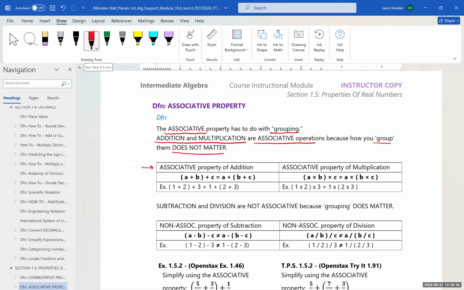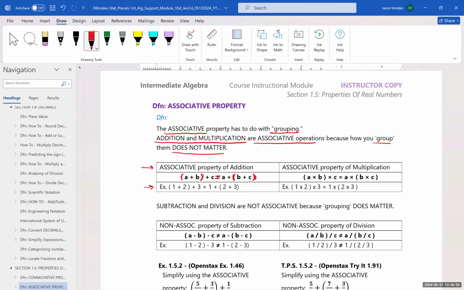So if we have A plus B plus C, using the order of operations, we do the addition of A plus B first, that's going to yield the same result as if we had added B and C first. That'll give us the same result. So here in this example, I've got some numbers thrown in.